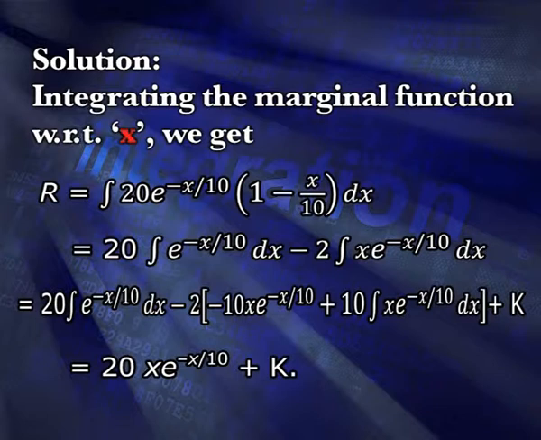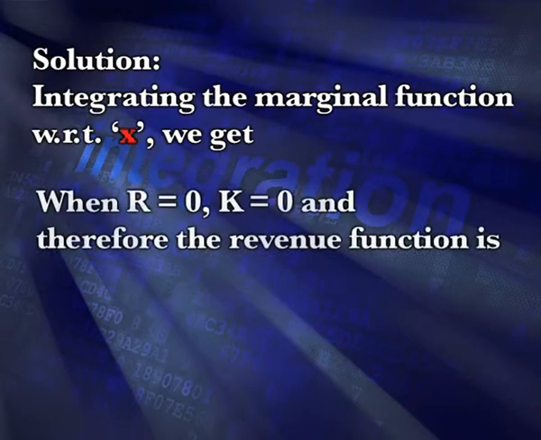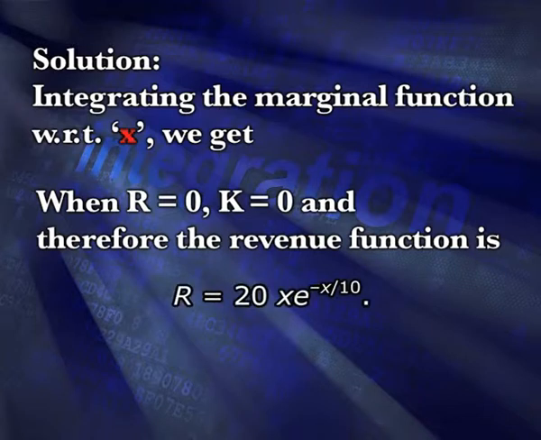So that equals 20x e to the power minus x by 10 plus k. Now when R is equal to 0, k is equal to 0, and therefore the revenue function is R equals 20 times x times e to the power minus x by 10.